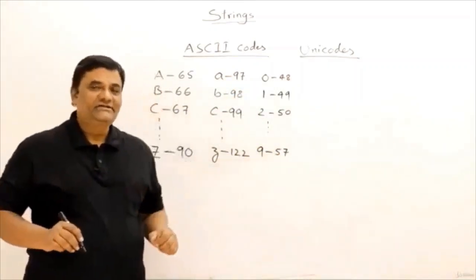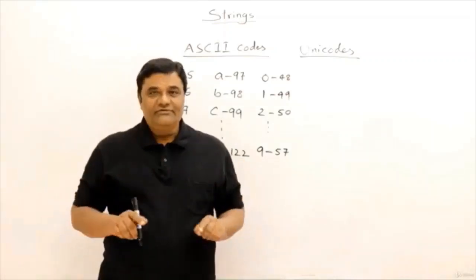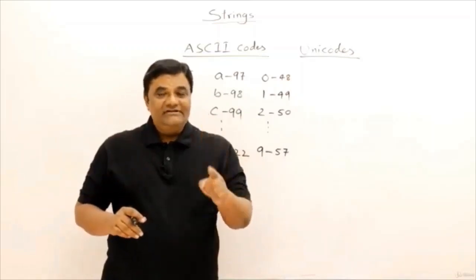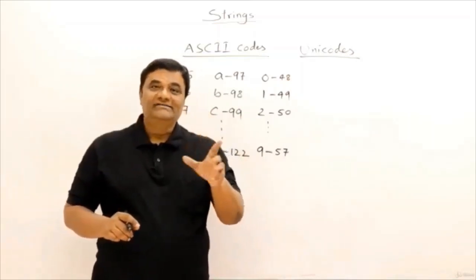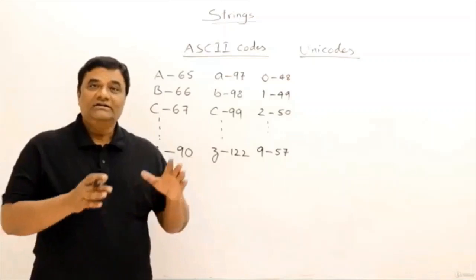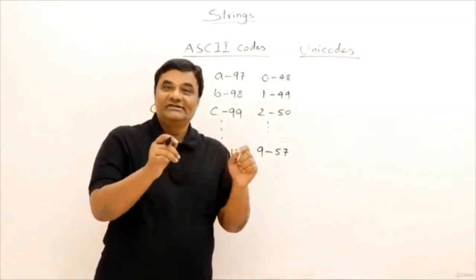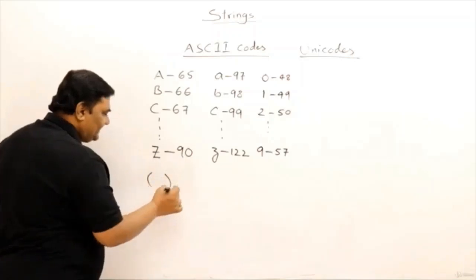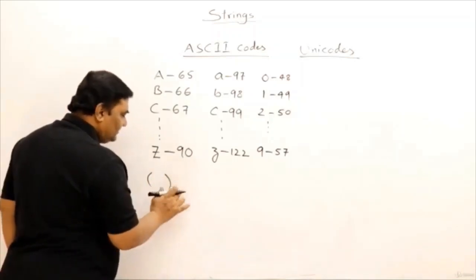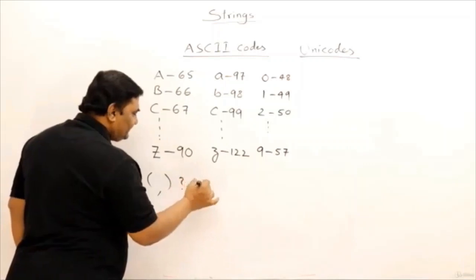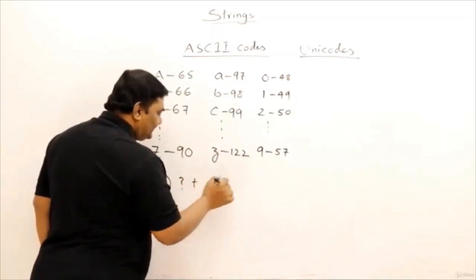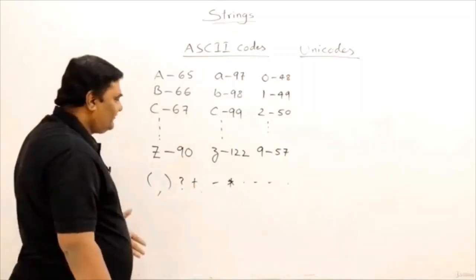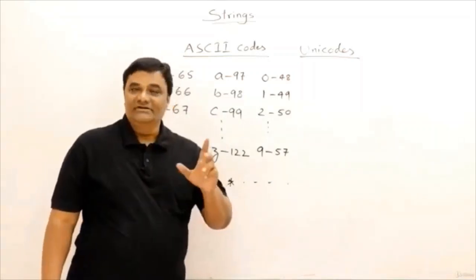Now basically, all the symbols that you find on the keyboard form a character set, and for every symbol on the keyboard there is some ASCII code available. Then the other remaining symbols are special characters like opening bracket, closing bracket, comma, question mark, plus, minus and star, and so on. There are many special characters, and for special characters also codes are there.